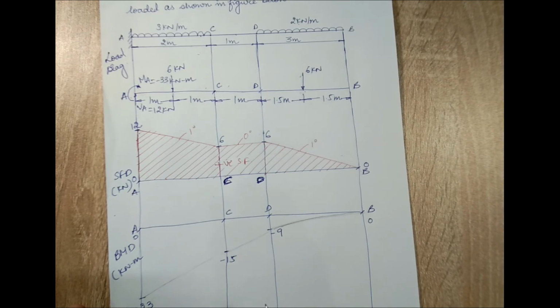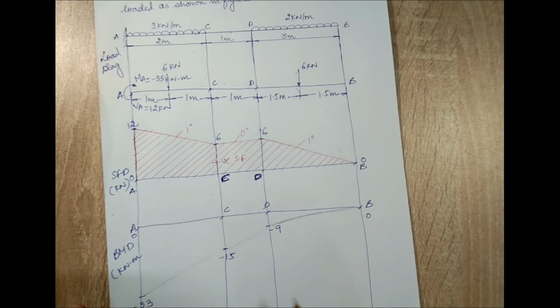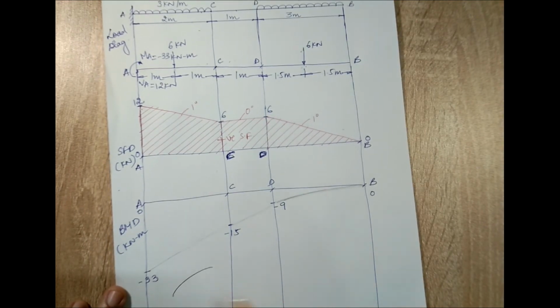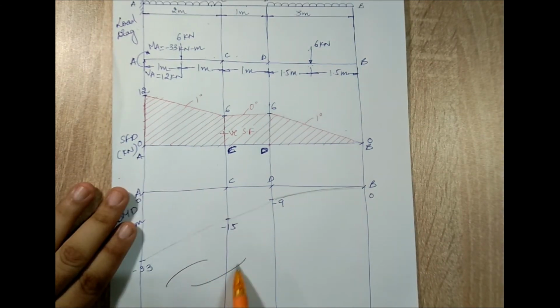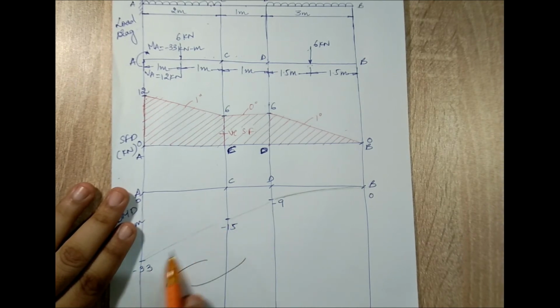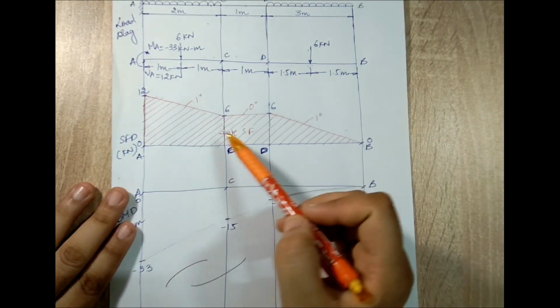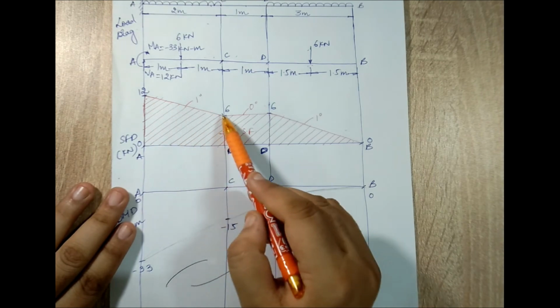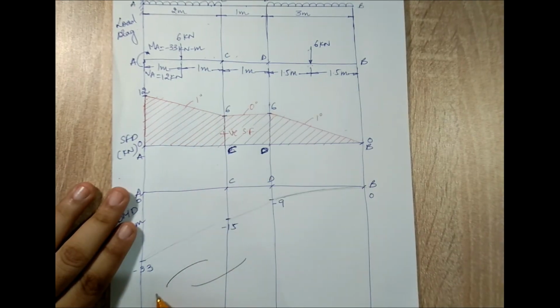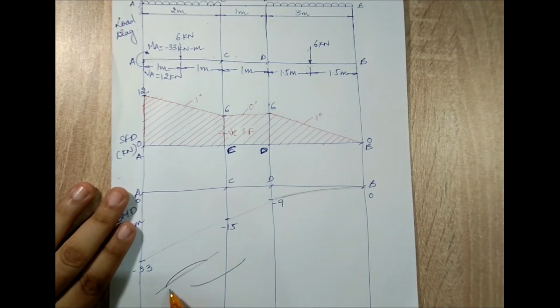Now how do you draw a curve? The curve can be of two types. Either the curve could be this direction or the curve could be in this direction. Now which curve should I use for joining at this point? For that there is a simple logic. If you see for SFD the value is of decreasing type, then just use this type of a line.